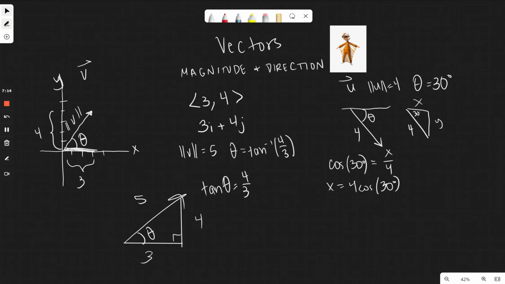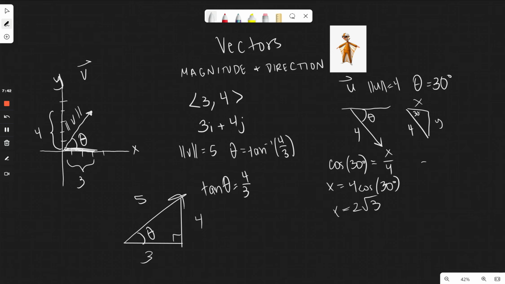Which is 4 square root 3 over 2, which is just 2 square root 3. Okay, so now we have, sorry, I just realized how this is definitely not a 30 degree angle at all, but that doesn't matter, that's fine.